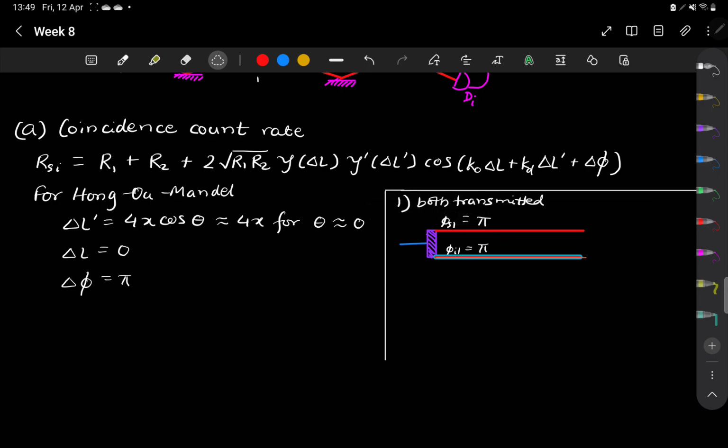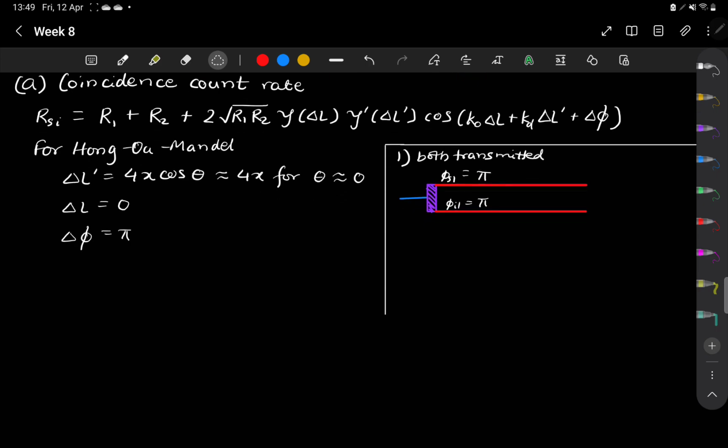And these paths are exactly of the same length. Okay, sorry, it's not looking like the same length. I'm trying to make it look exactly the same length. Okay, yeah, now they look like the same length.